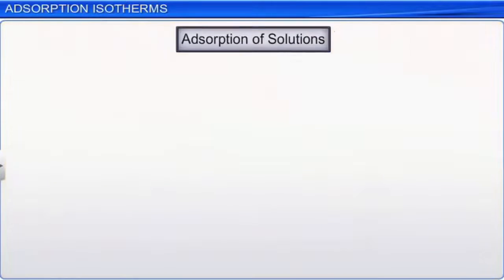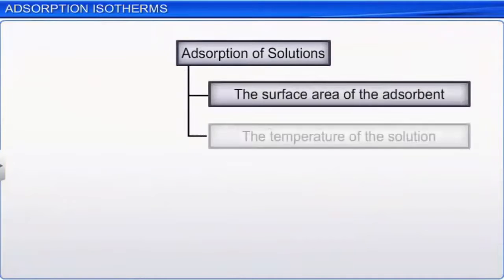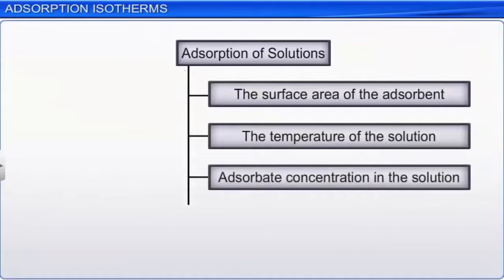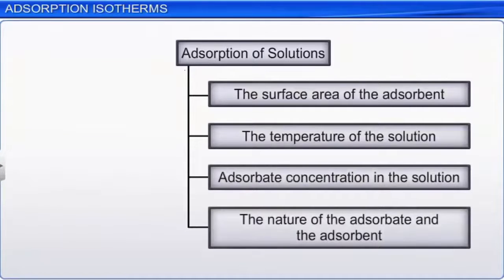The amount of acetic acid adsorbed per gram of charcoal depends upon the surface area of the adsorbent, the temperature of the solution, adsorbate concentration in the solution, the nature of the adsorbate and the adsorbent.